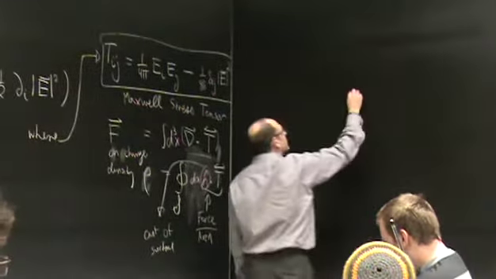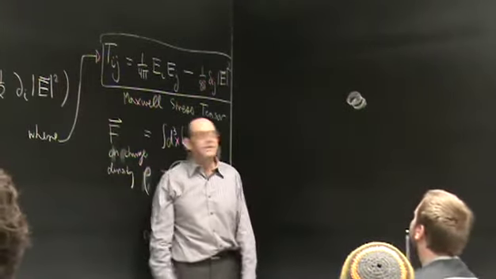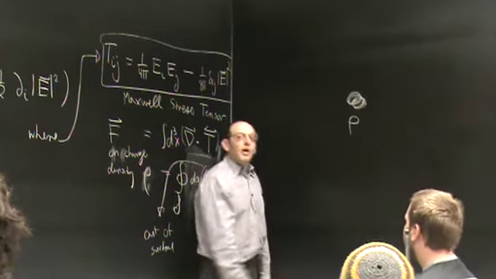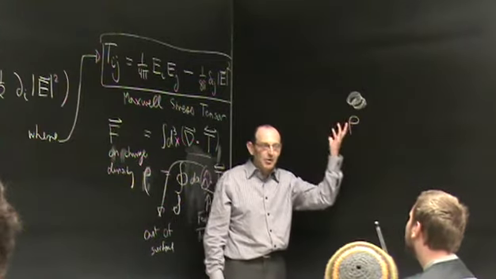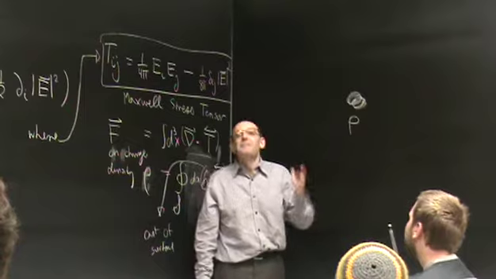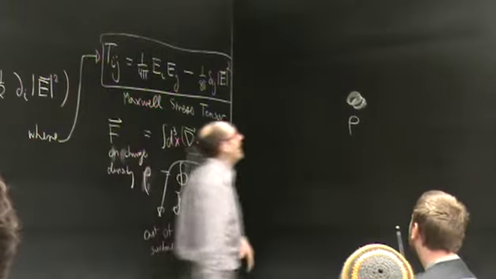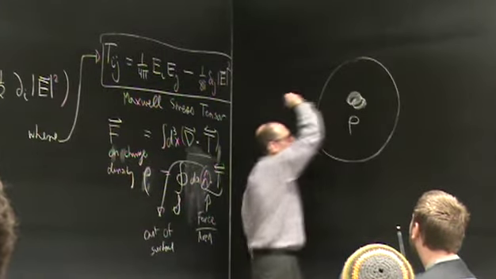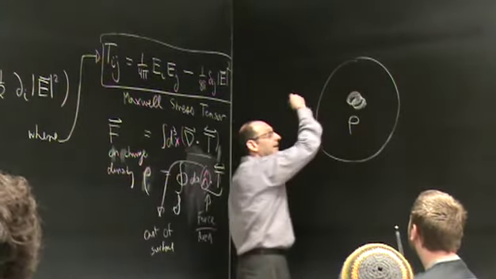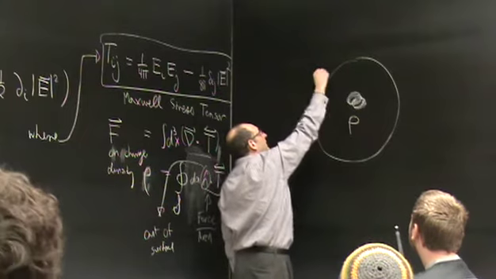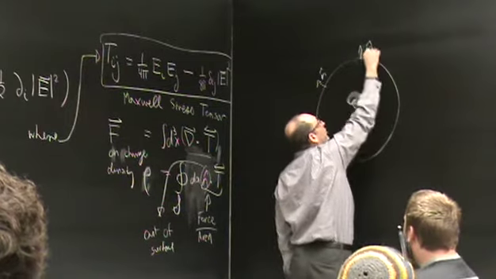So, if I have some charges here, and I want to find out how much force is exerted on those charges, rho, the way I really should calculate it is I find the local electric field, and I multiply that by the charge. But if I was really crazy, what I could do is draw any surface I like around it. There's some normal everywhere. Here a normal, there a normal.